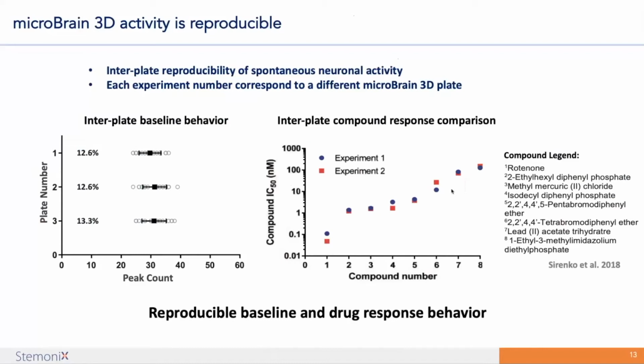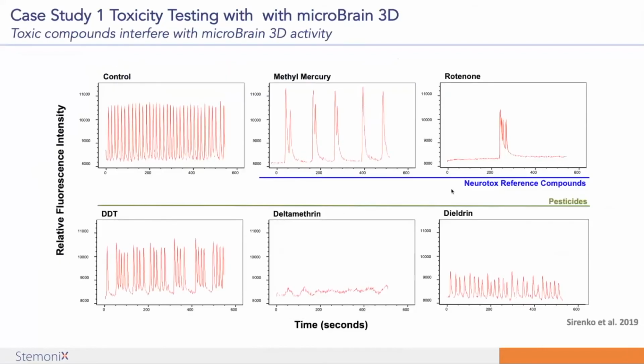Right? So jumping into the first of the case studies, this overlaps a bit with Carol's talk as well, and was published by her colleague Oksana Sarenko in 2019. Here we're looking at the functional output for toxicity, where you've got your control traces versus the abnormal trace in the presence of a variety of reference compounds or environmental toxins.